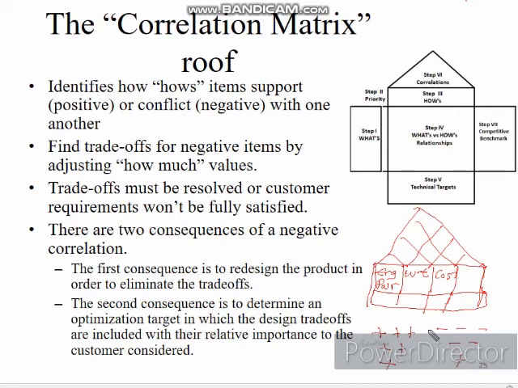Same goes for negative correlation: strong negative correlation, you put three minuses. If it's medium, then you put two minuses. If it's a weak correlation, you put one negative sign there.